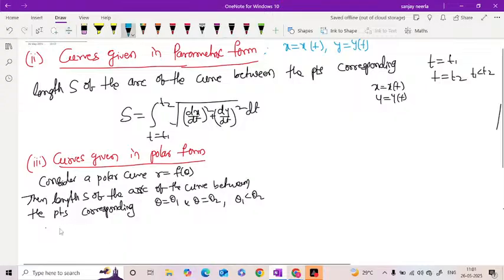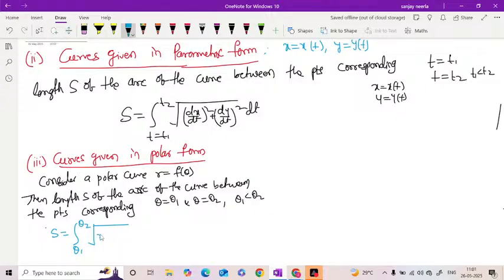Then the formula is integral theta1 to theta2 under root of r square plus (dr by d theta) whole square into d theta. So this is the third formula for finding the length of the curve.